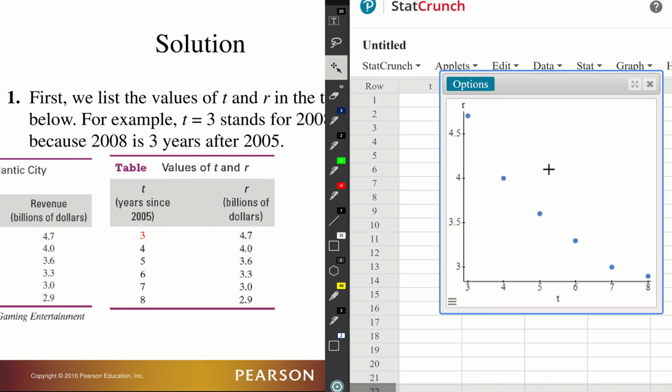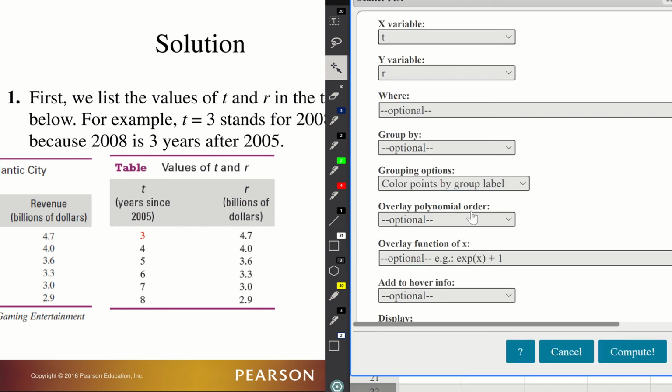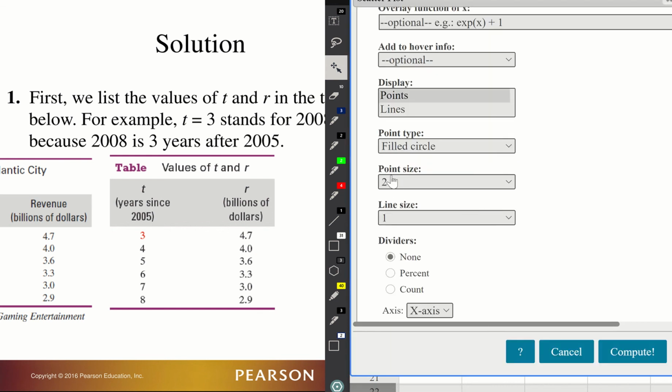There you have it. Okay, so it does a beautiful job, right? Now notice the dots here, they're pretty large because if you go back to the settings, you can change that, the point size, right? Now we didn't draw lines here because we're not doing a time series plot, but if you wanted to, you could have it draw lines as well.